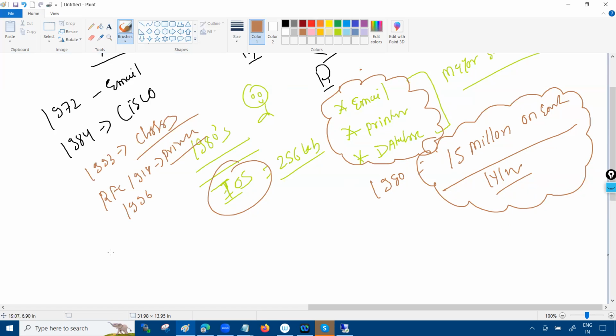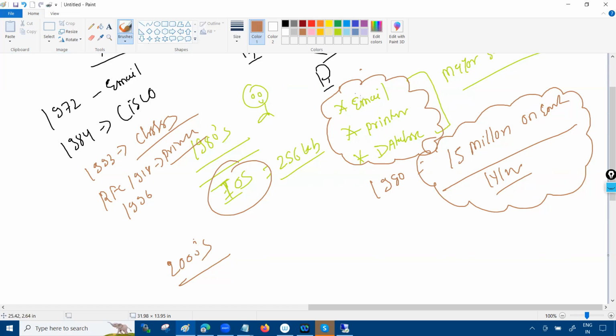Then in 2001, the RSTP protocol comes in the picture to make faster convergence on the layer 2 network. In 2000 something, if you guys have used Orkut, social media comes in the picture. Amazon. So near around the 2000s, what happened? Many users were on the internet.